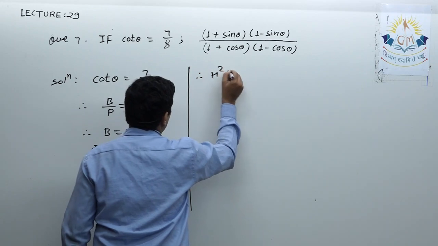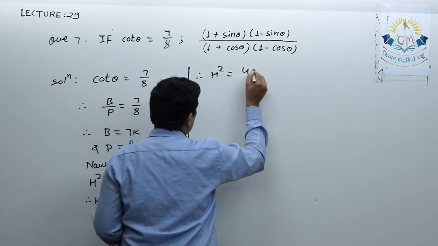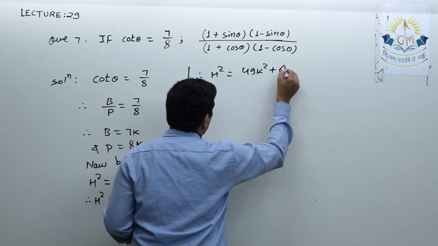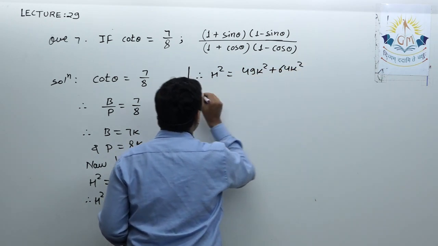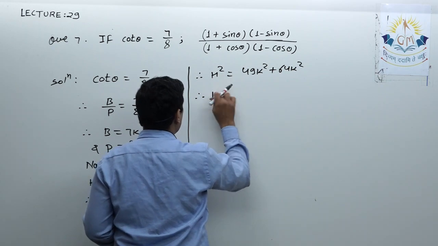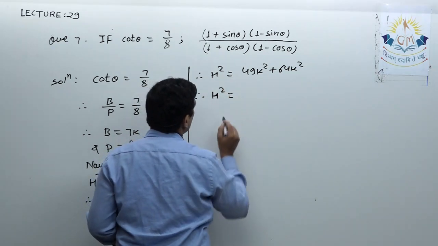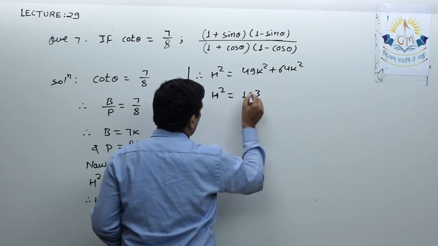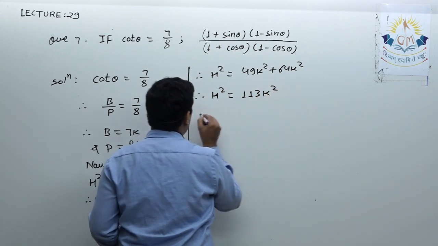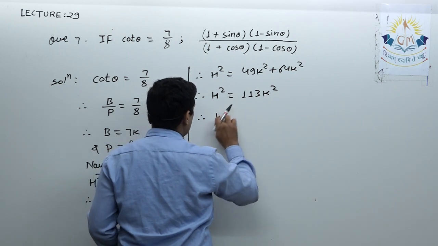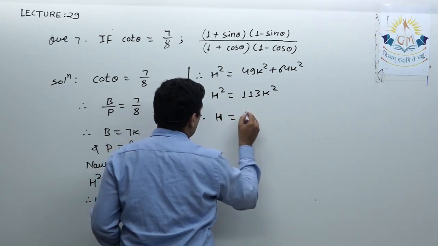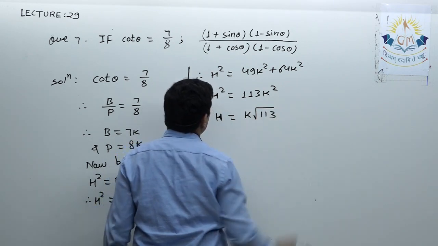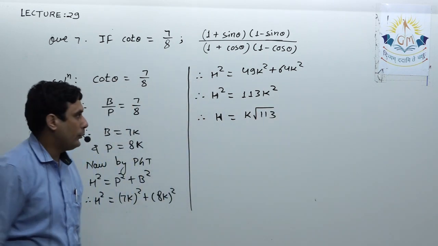Therefore h square is equal to 49k square plus 64k square. Therefore h square is equal to 113k square. Therefore h is equal to k root 113, the value of the hypotenuse.